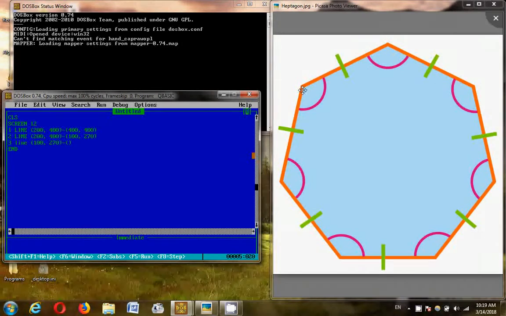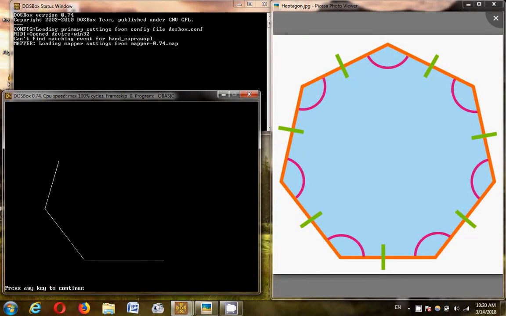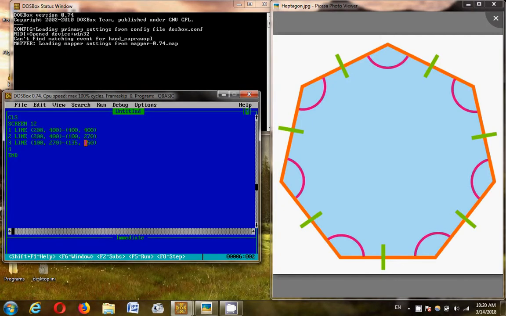So it will be less than 200 and more than 100. I think it should be 135. Now the height has also increased, so the y-axis will decrease. From 270 I am taking it up to 150. I hope this should work. Yes, it's working. That's nice. Now the fourth line.